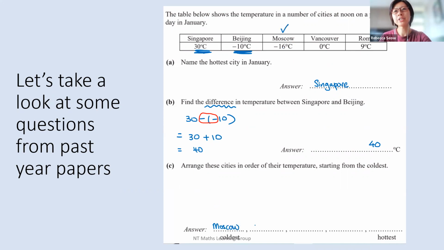Followed by Beijing. Vancouver. Vancouver is at 0. Rome at 9. And finally, Singapore.